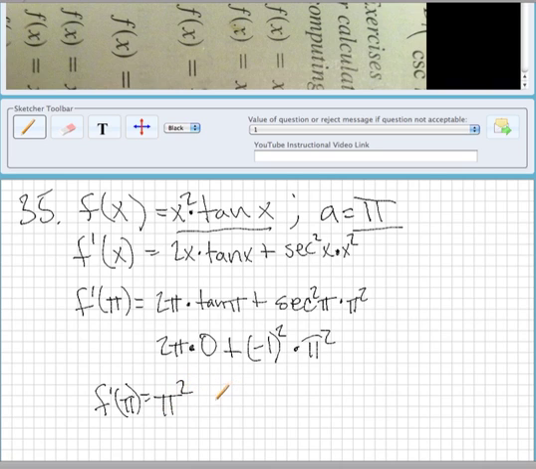And if we put it in the calculator, it'll be something along the lines of 9.87, something along those lines, once you do it on your calculator.